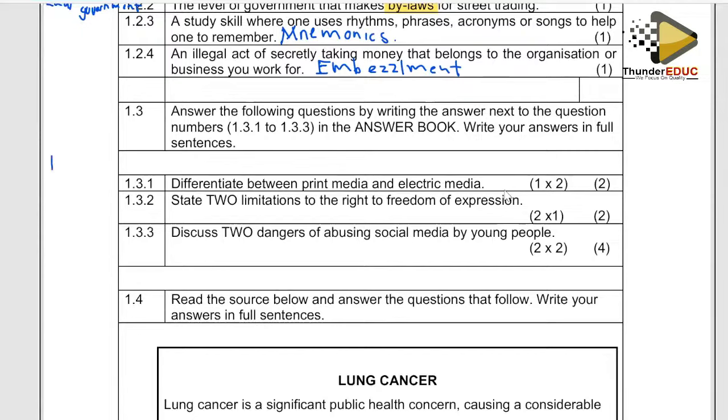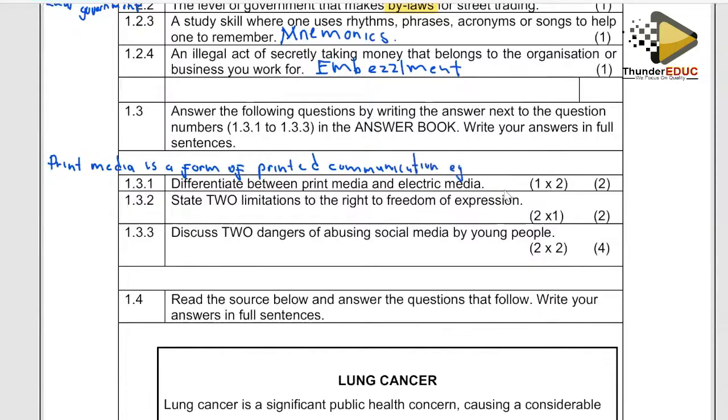So print media is a form of printed communication.